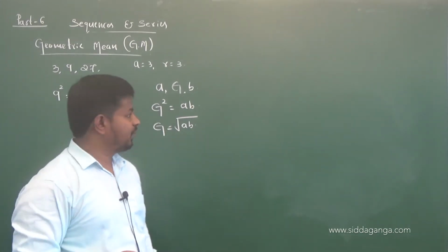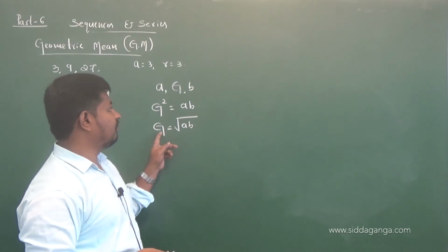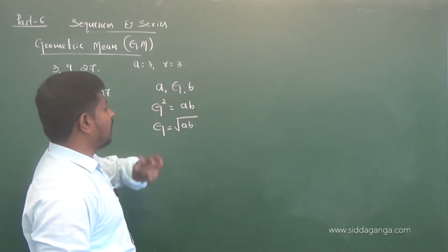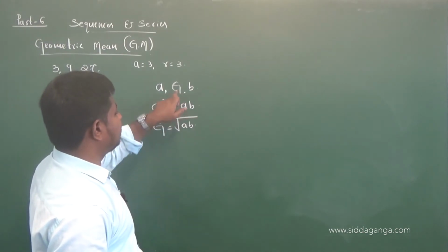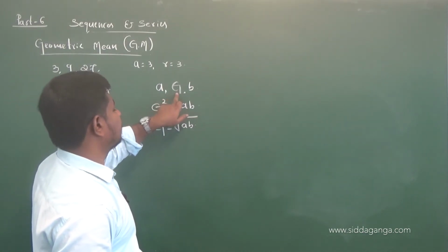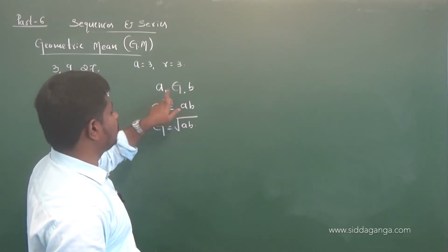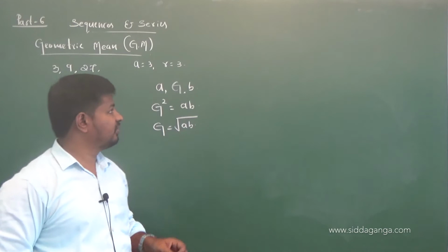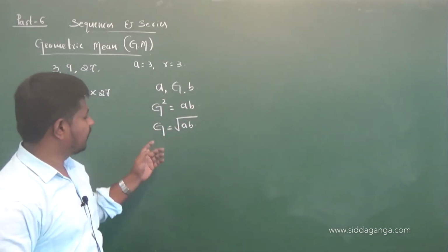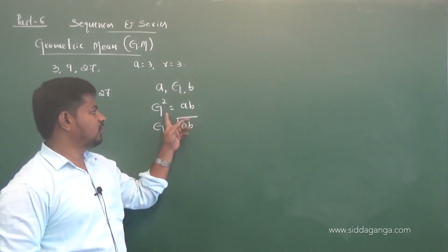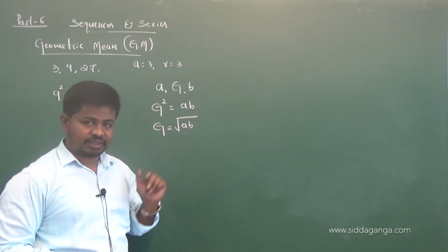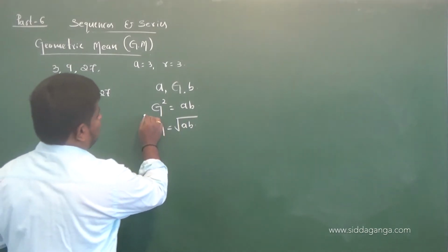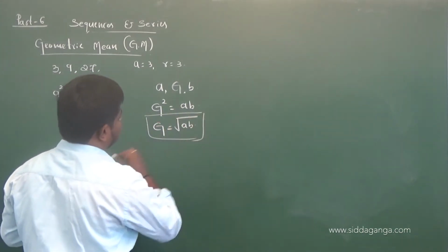We call G the geometric mean of the 2 numbers A and B. When 3 numbers A, G, B are in GP, then this G is called the geometric mean, GM, of these 2 numbers, and it is given by G is equal to root of AB, or G square is equal to A into B. Hope you got it, right. So this gives the relation between the three numbers when they are in GP: G is equal to root of AB.